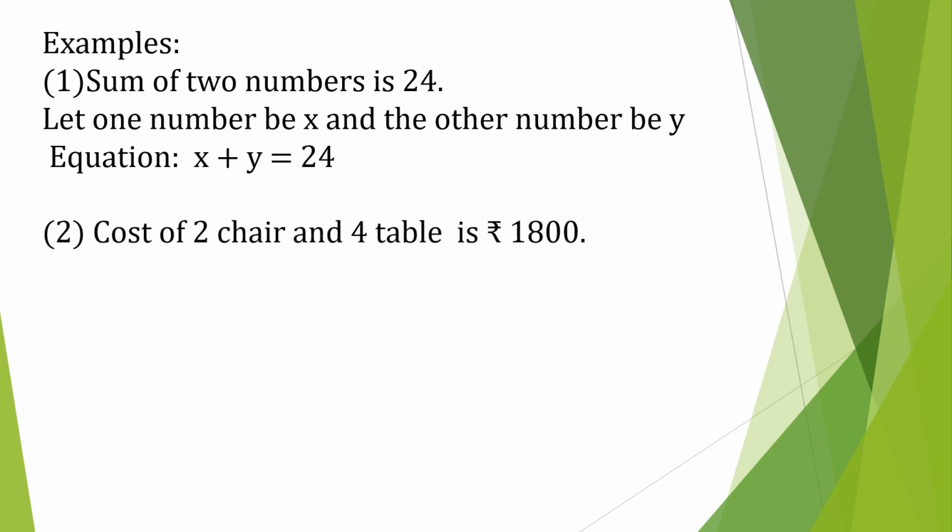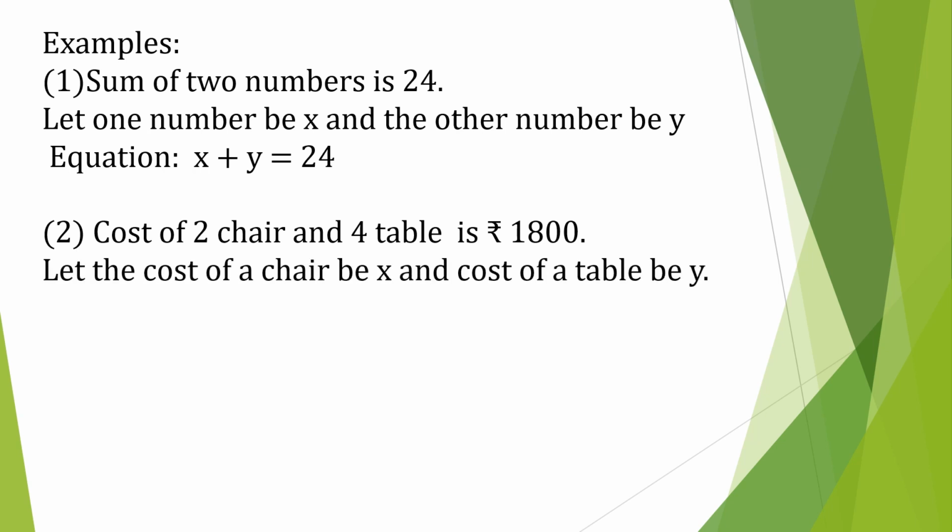Okay. Again, second one: cost of two chairs and four tables is rupees 1800. This is the statement. Now you have to make a mathematical statement, means you have to frame the equations. So first let's assign the variables to the quantities. Chair is one quantity, table is the other. Let the cost of a chair be x and the cost of a table be y.